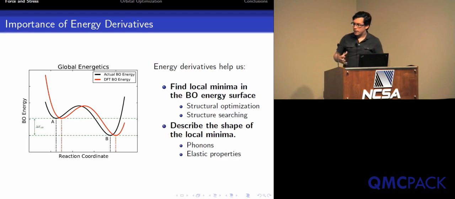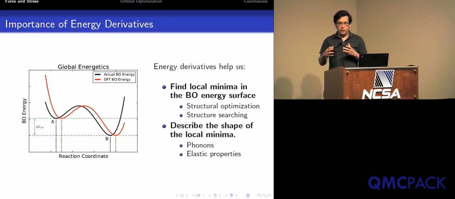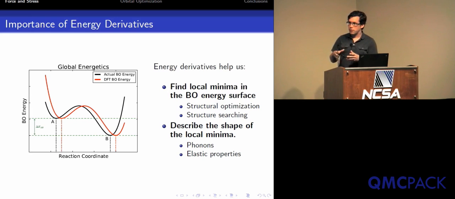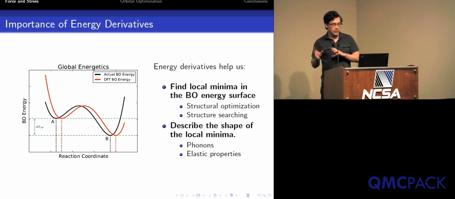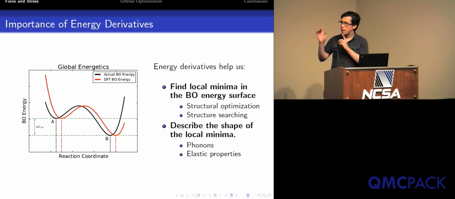And so why do we care about energy derivatives? Well, since we're working basically with an electronic potential energy surface, there are certain features that we would like to be able to identify and classify, specifically minima.